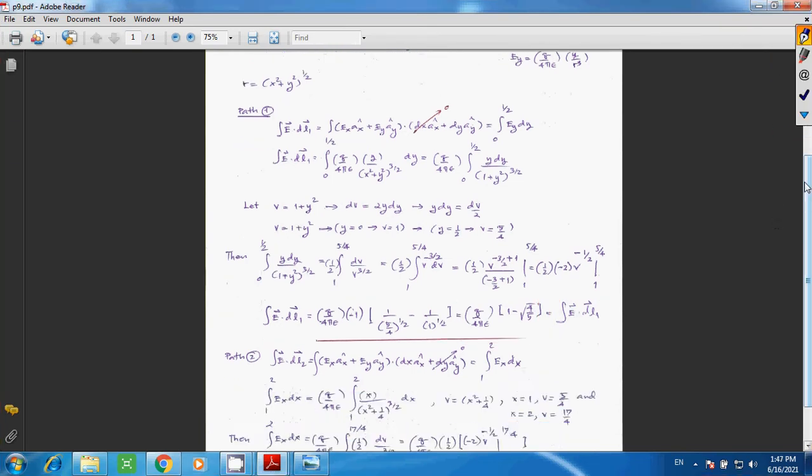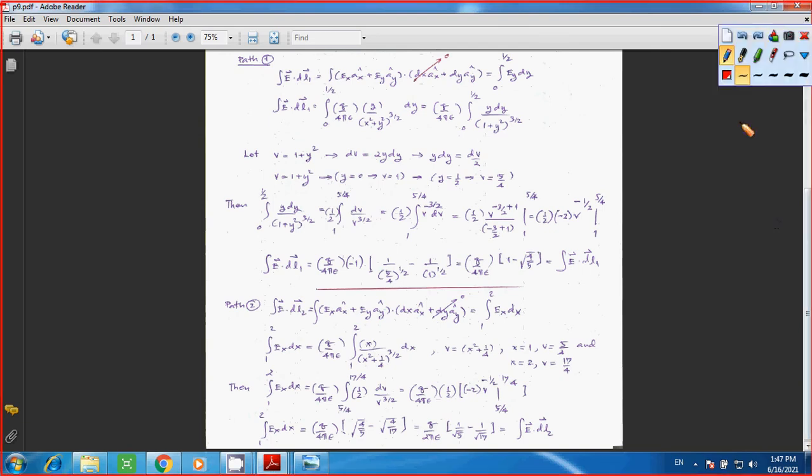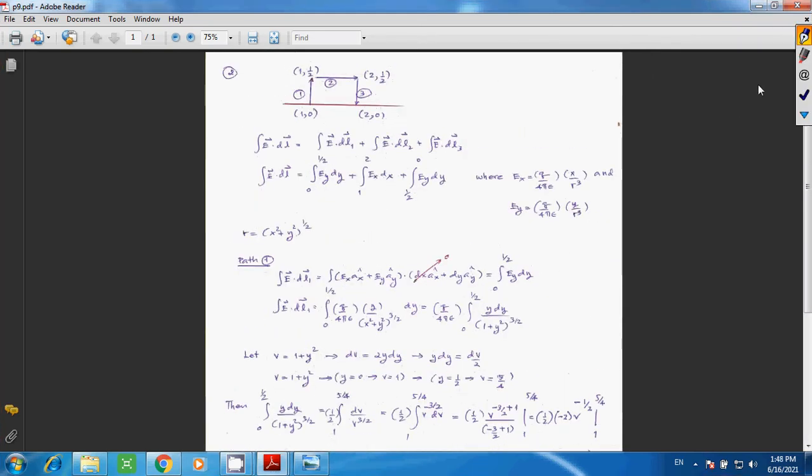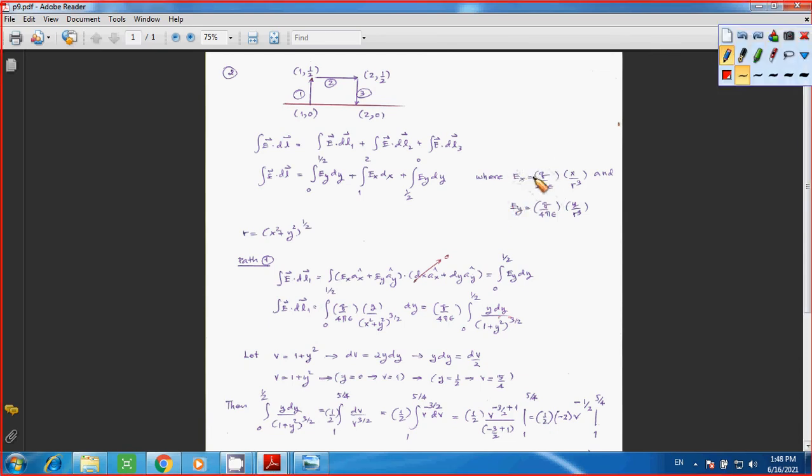Now let's move to the path number 2. You do the same thing, but in this case your dy equal to 0, or y doesn't change, so you end up only with your Ex component and dx. You plug in your Ex. You have your Ex equal to q over 4 pi epsilon x over r to the cube.